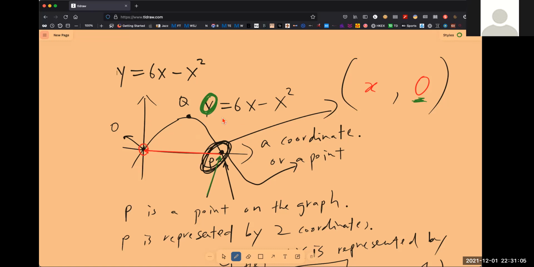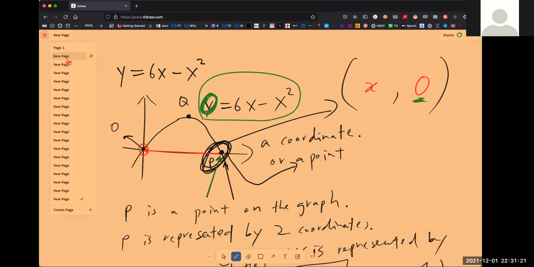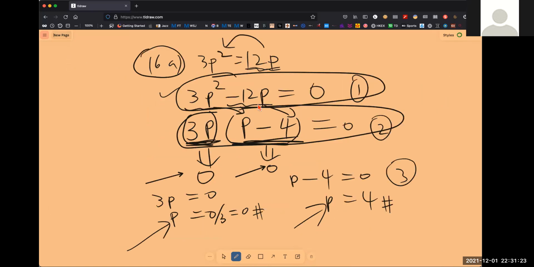So if the y value is 0, that means you will get this equation. And this equation is similar to our beginning. So I'm going to take this to our beginning. I will write down the question.